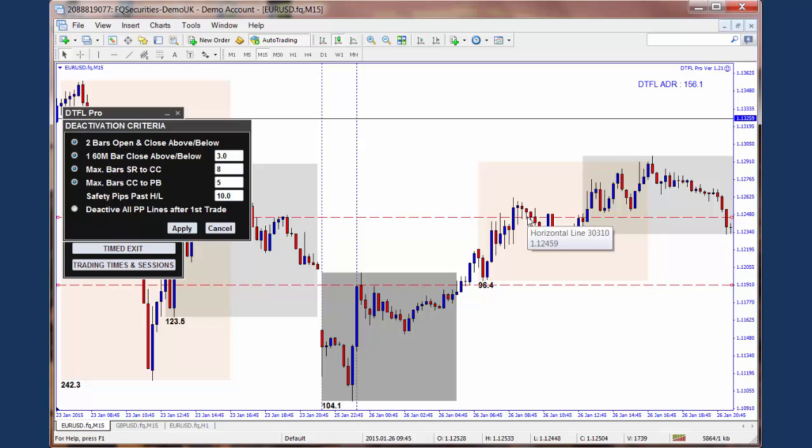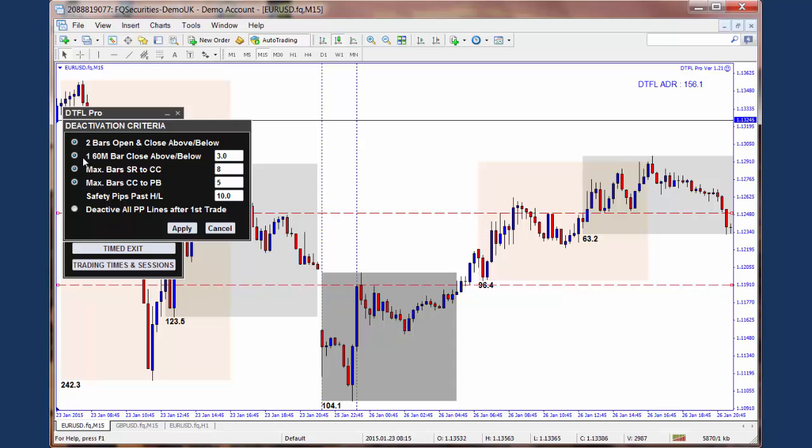It would deactivate it. Interestingly, if that PP line had been there, then in this situation, with 2 bars open and close above, price had come up, created a stop run, but then 2 bars would have opened and closed above the line. So under this criteria, it would have deactivated the level.